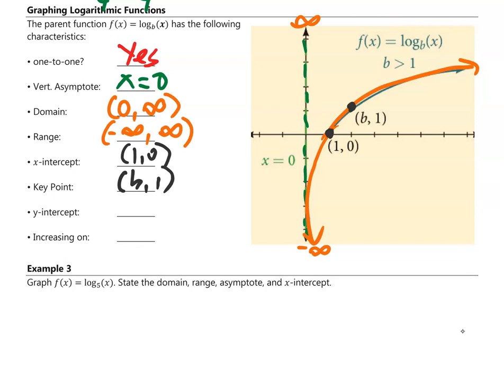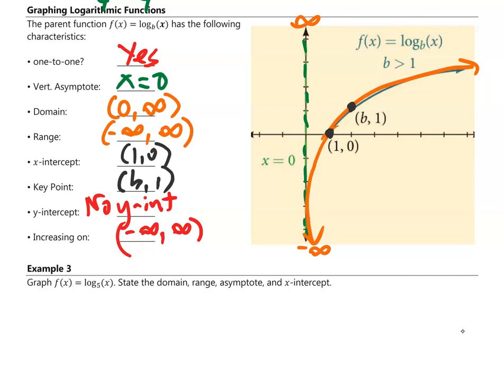Since you have the vertical asymptote at x equal to 0, meaning there's no point on the y-axis, there is no y-intercept. And it's increasing on the interval from 0 to positive infinity.